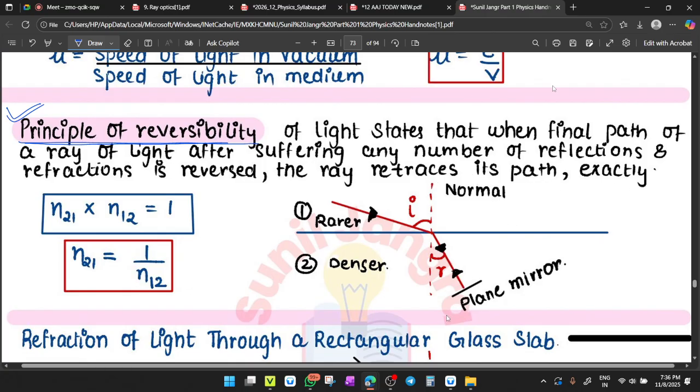It means there are many reflections that take place, and finally when you place a plane mirror in the path of the refracted light, the same path will be retraced. Clear? So n21 into n12 equals 1. This is called the law of refraction, the principle of reversibility. Clear?